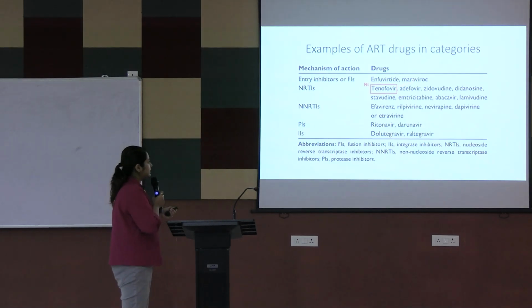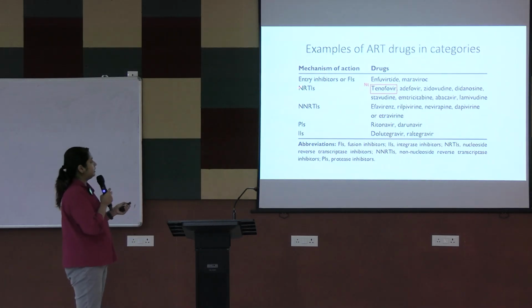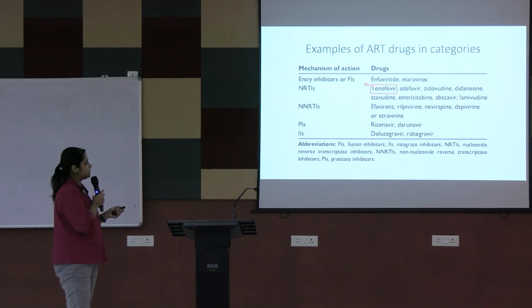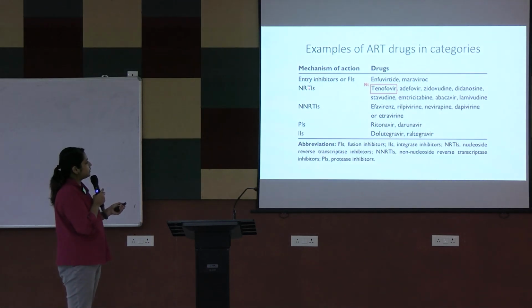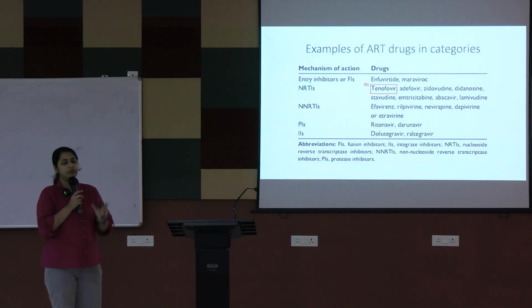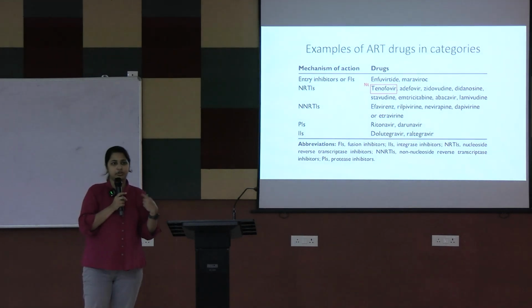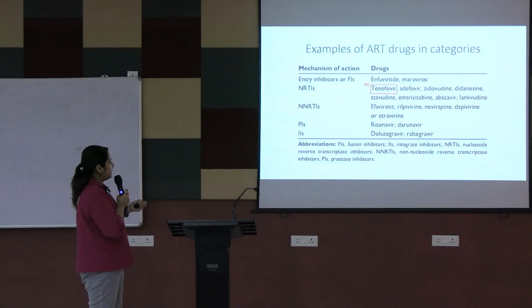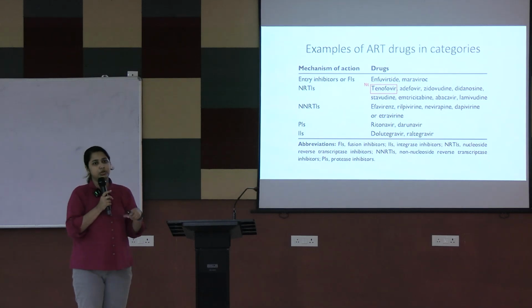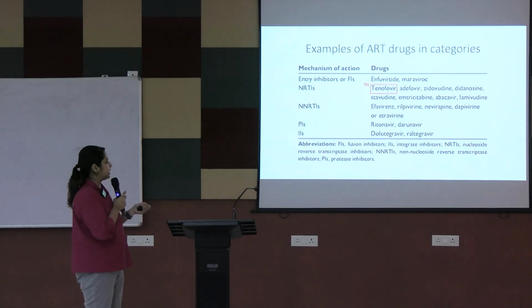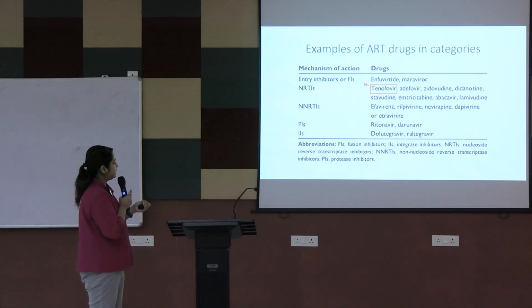So what are the examples of ART drugs in categories? Firstly, entry inhibitors, the fusion inhibitors is enfuvirtide, maraviroc. Then NRTI is usually a full form for nucleoside reverse transcriptase inhibitors, but among them only one drug is a nucleotide reverse transcriptase inhibitor, that is tenofovir. Others are all nucleoside reverse transcriptase inhibitors, that is zidovudine, stavudine, emtricitabine, abacavir, lamivudine.